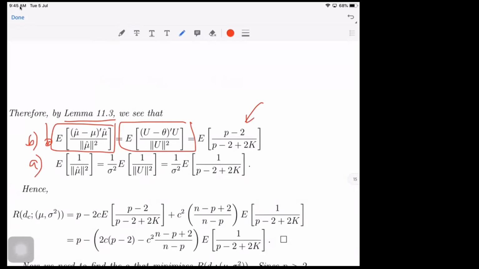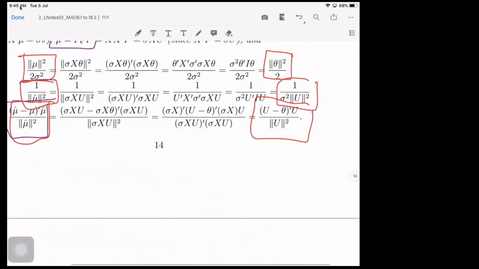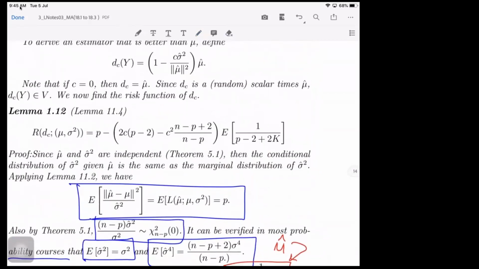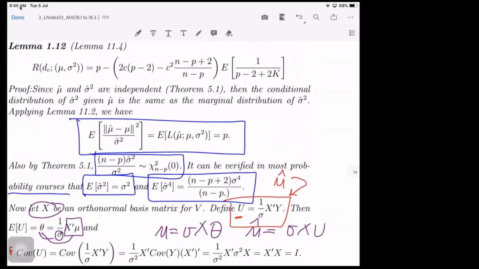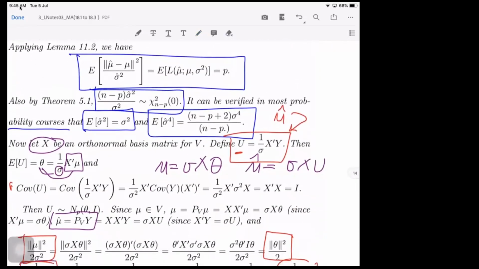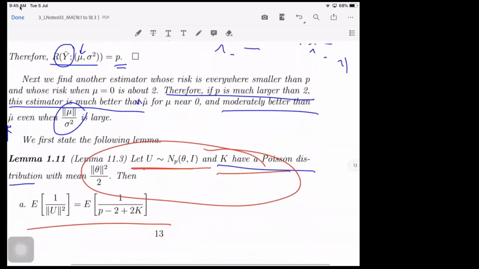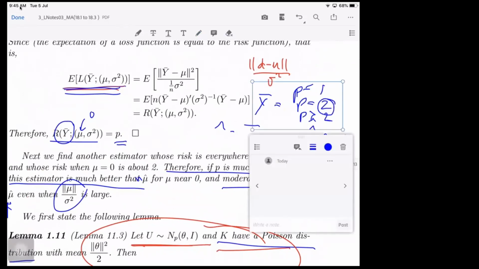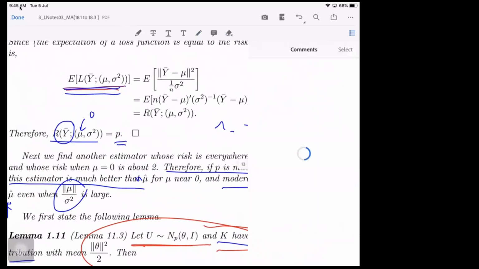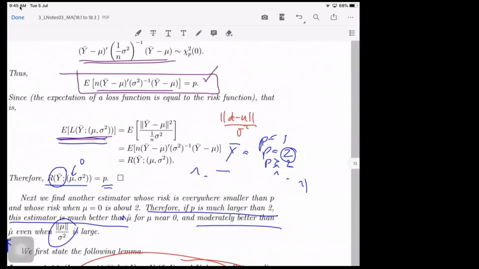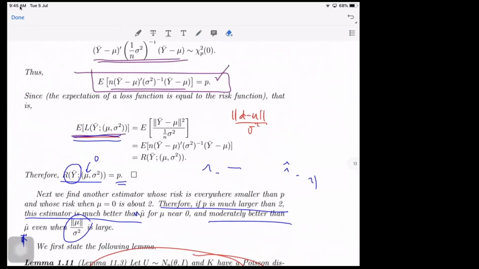So now we get the risk associated with DC. So what is our DC? So how did we define DC here? Sure.